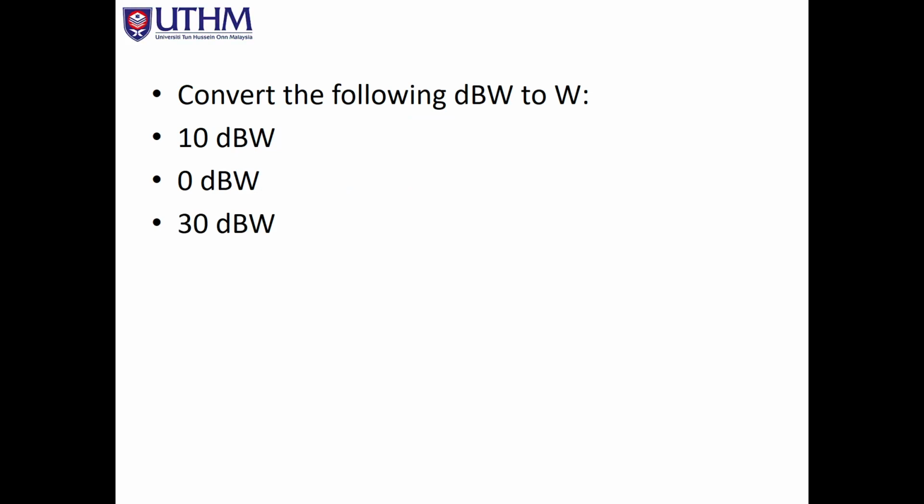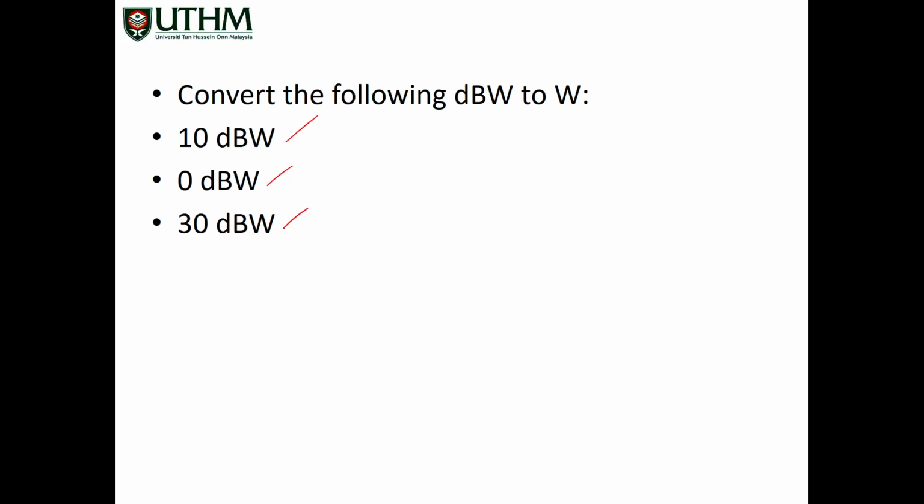The next one is to convert from dBW to watt. So here we have 10 dBW, 0 dBW, and 30 dBW. So 10 dBW, we want to convert into watt. That means we need to do the anti-log of this.